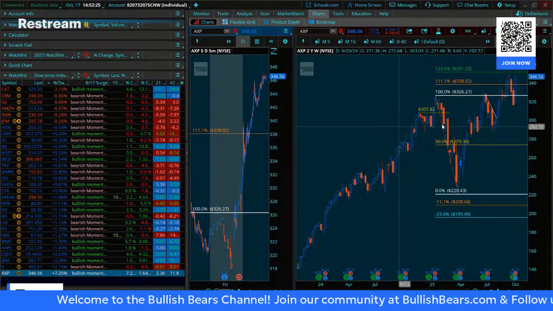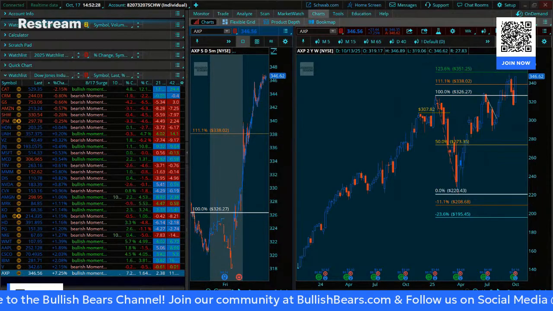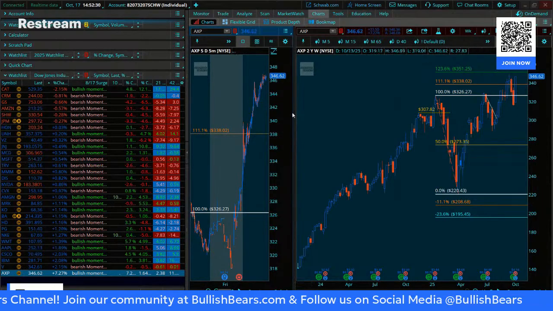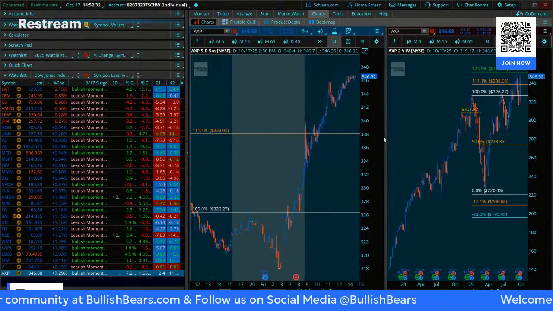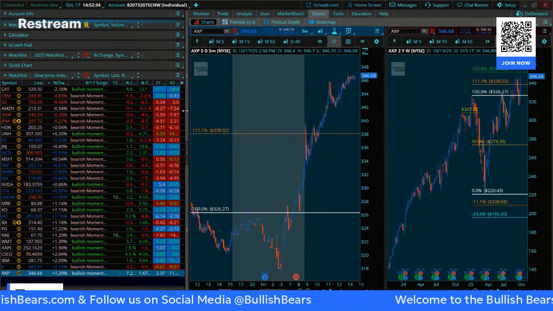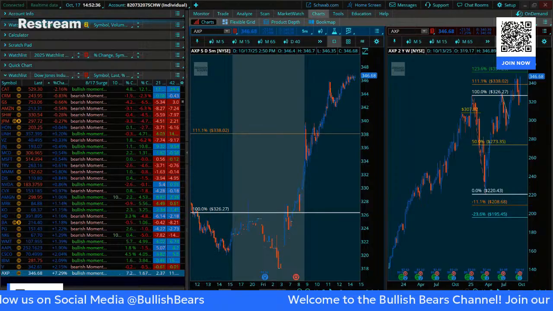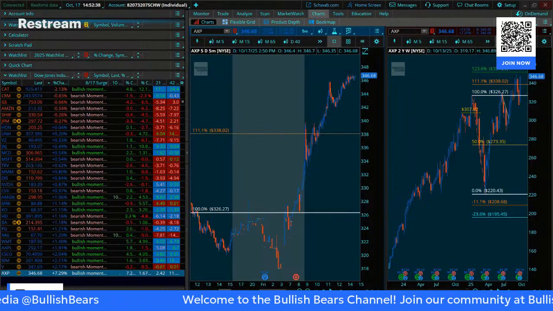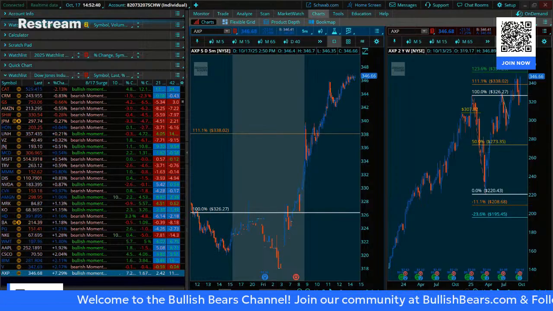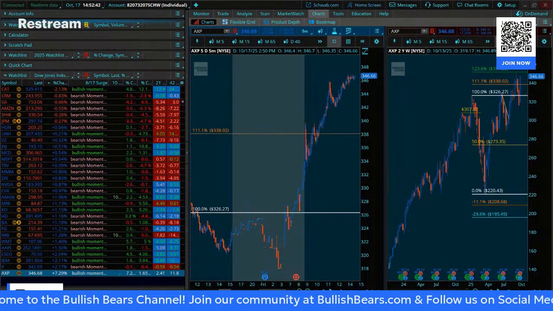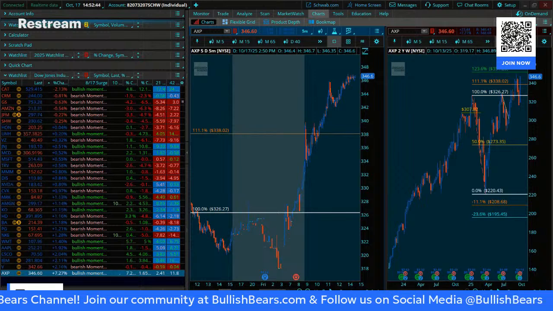Shorting the stock is just going to be a bad idea. There's borrow costs and interest and all kinds of things that go with shorting a stock, and it's just more than a new trader should take on when just starting out.